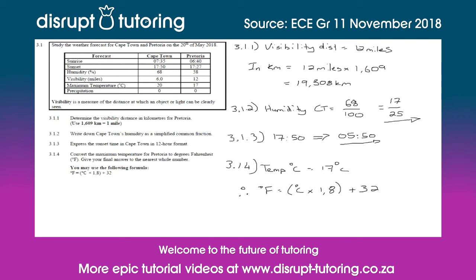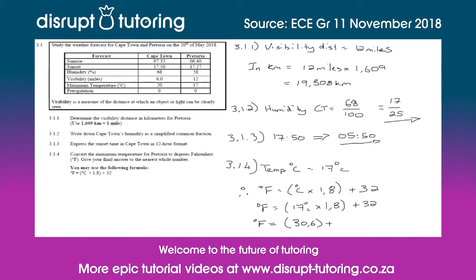We just need to sub in the 17 degrees for degrees Celsius. So our degrees Fahrenheit equals 17 degrees multiplied by 1.8 plus 32. In your calculator, 17 times 1.8 is 30.6.